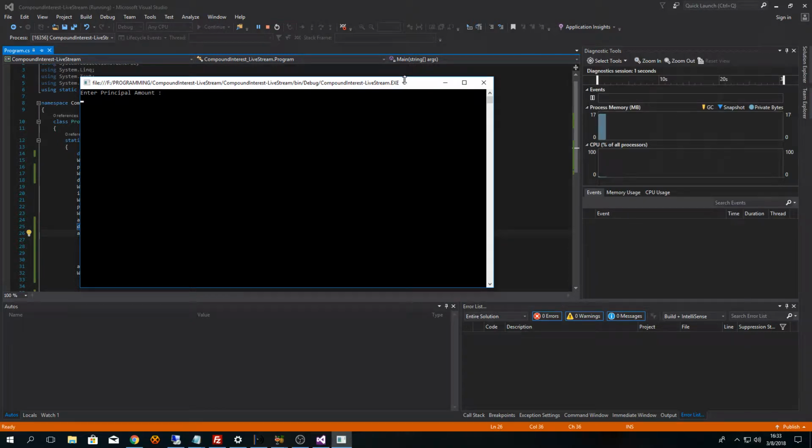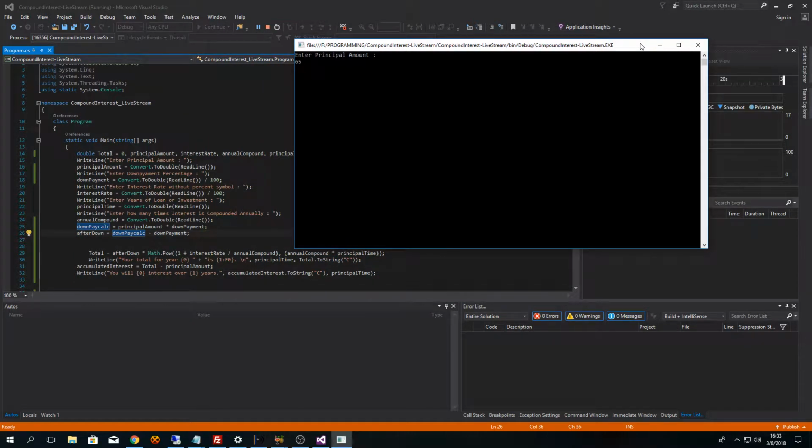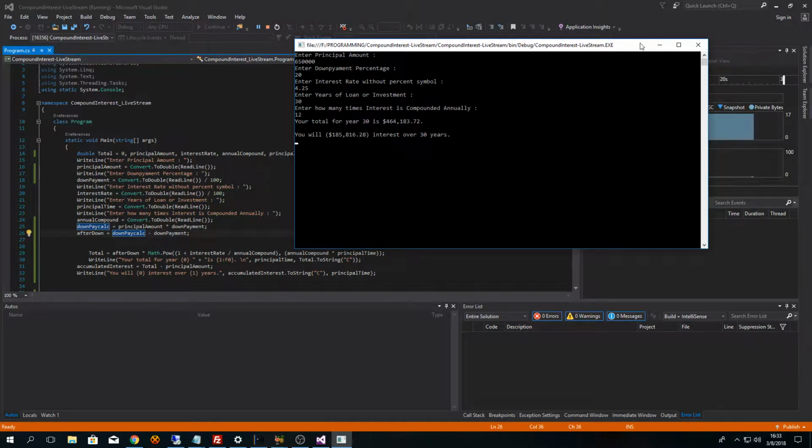So let's type in $650,000 for our principal loan, and they want a 20% down payment. Interest rate is 4.25% fixed for 30 years, compounded 12 times. There we go.